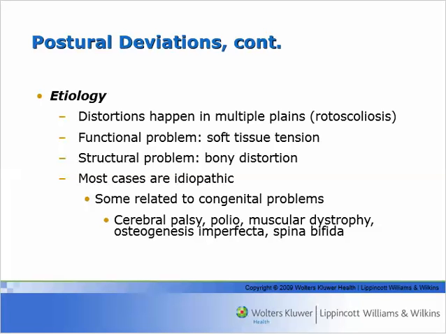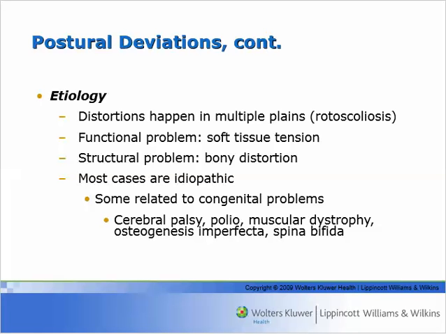In your textbook on page 565, it's saying that 80% of scoliosis are classified as idiopathic, of unknown cause. Then there's osteopathic ones, some sort of spinal disease or an abnormality of the spine, or it could be myopathic, something to do with muscle weakness, or neuropathic, something to do with a disorder of the central nervous system.